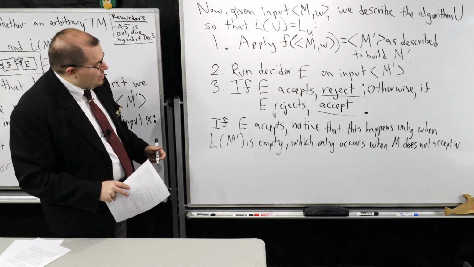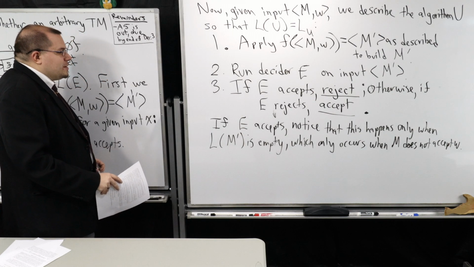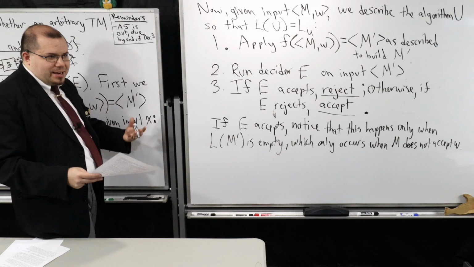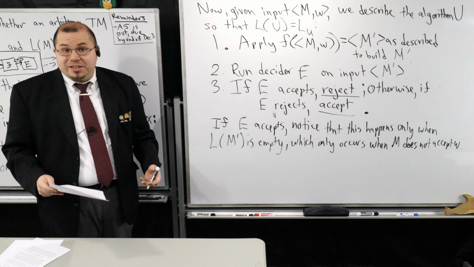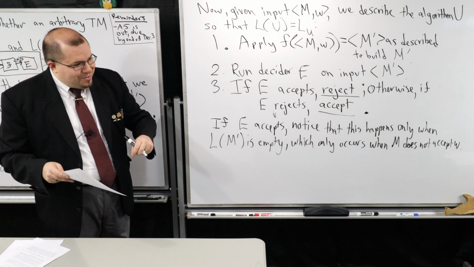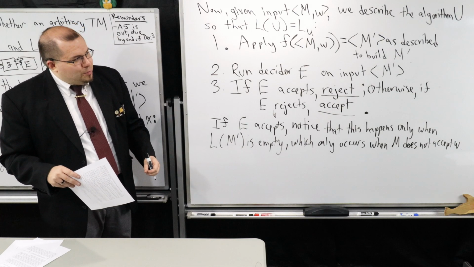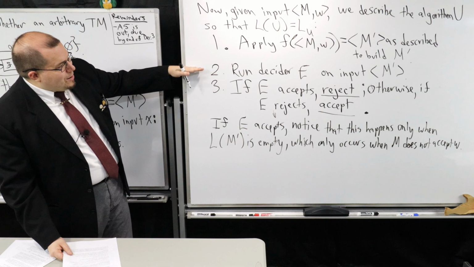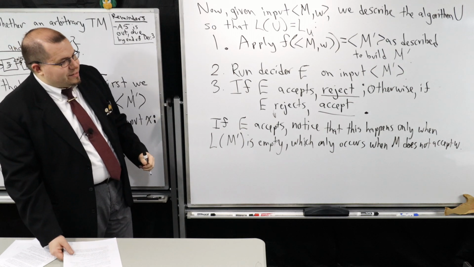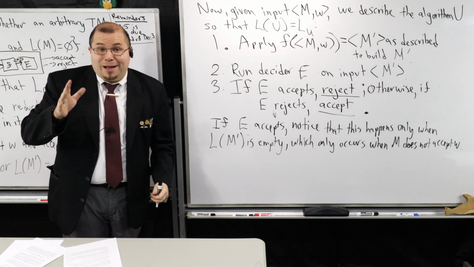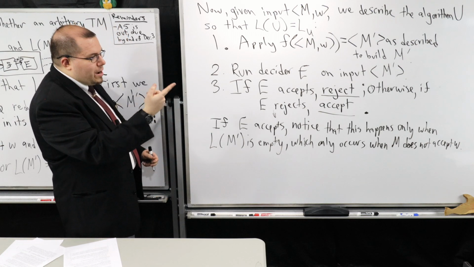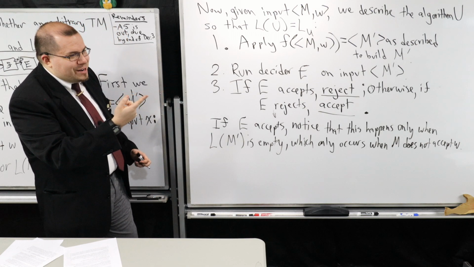So we have to be very careful about this. This is because of the way I crafted M prime, right? Remember, there's only two possibilities that can happen with the language of M prime. Either it's going to have a set with just W in it, or it's going to be empty. Remember, when I feed this over to this decider over here, and it says, okay, I'm going to take in that description of that Turing machine, and it takes input X, but remember, I just made X into, when I see X, and if it's equal to W, I'm going to simulate M on W, right?